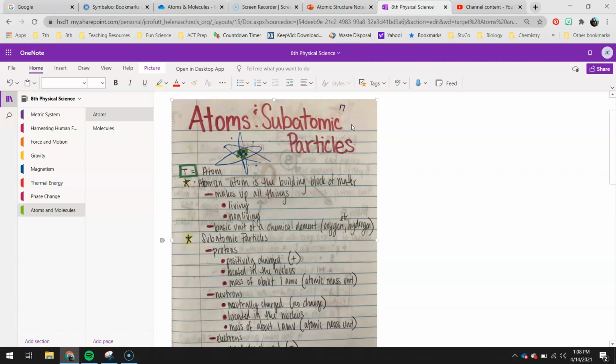But for what we need to know, an atom is a building block of all matter. It makes up all things, whether they're living or non-living, and is the basic unit of a chemical element. If we're talking about oxygen, we might look at one oxygen atom, and then atoms of different elements all come together to form different molecules, which basically compose everything that exists around us.